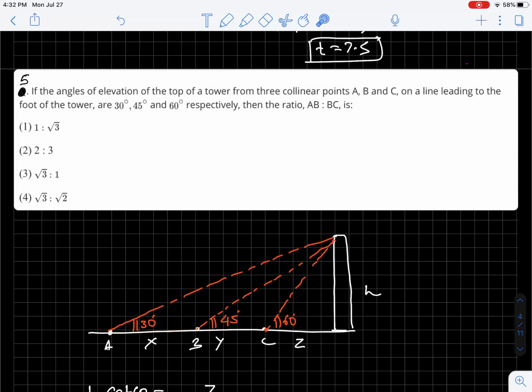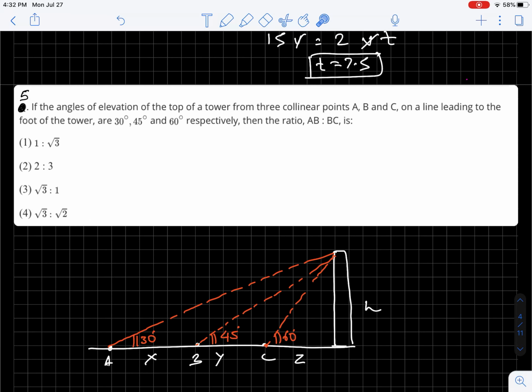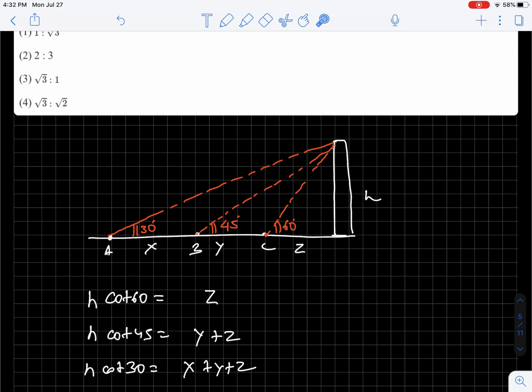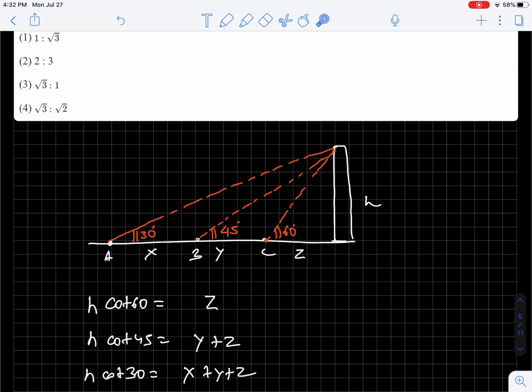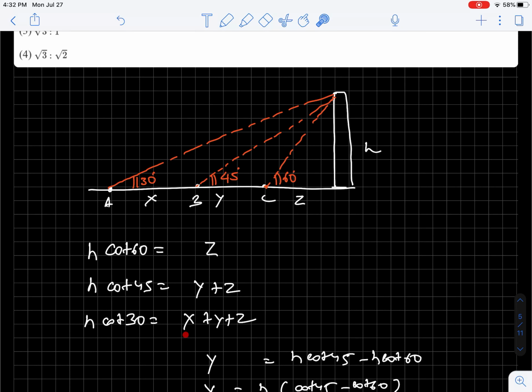You can write tan 30, but I will suggest you write things in terms of cot. Cot 30 will be x plus y plus z divided by h. Cot 60 will be z divided by h. Cot 45 equals y plus z divided by h. Okay, cot 45, cot 60, and cot 30.